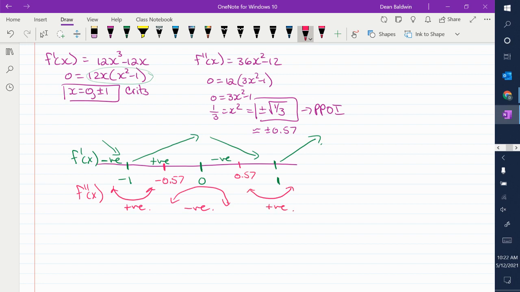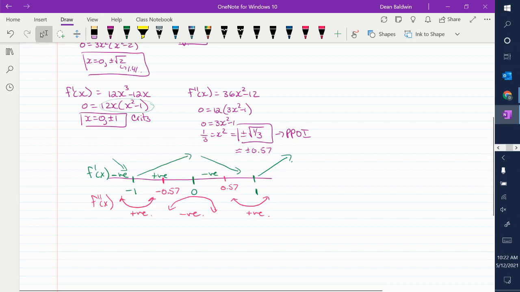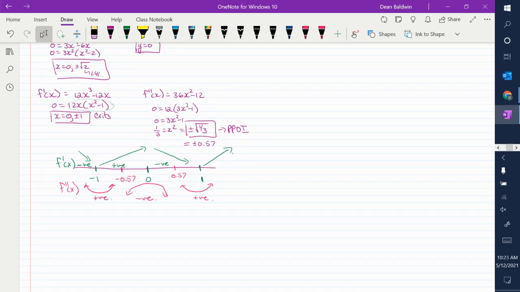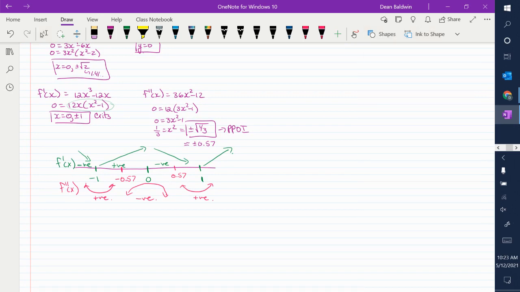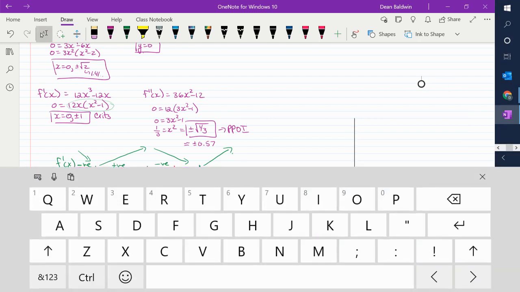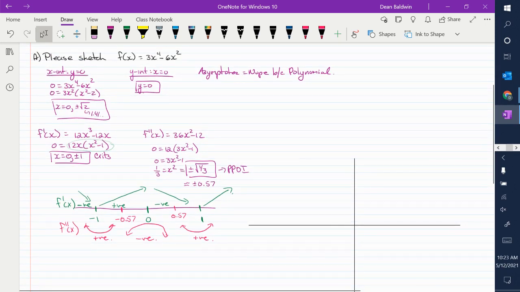Now we can sketch the graph. We have to get all our info here. I'm going to sketch it over to the side here. Mark out your x and y intercepts.